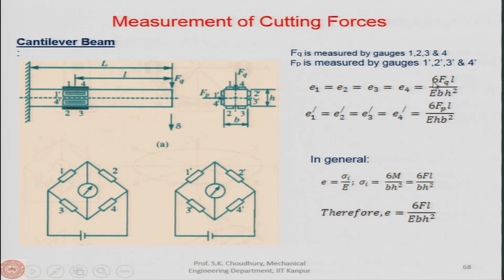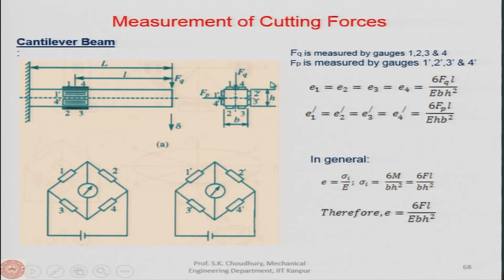So, this will be equal to 6. Now, since the 1, 2, 3, 4 will measure Fq, this force will be Fq, and this distance is small l from the point of application of the force up to the gauges, divided by E and bh square.